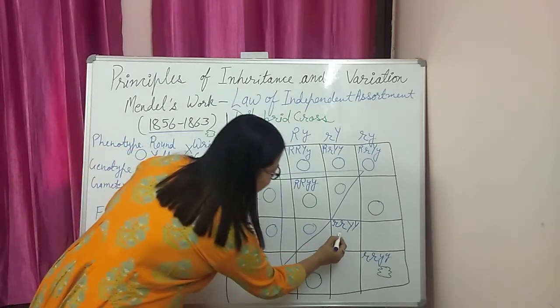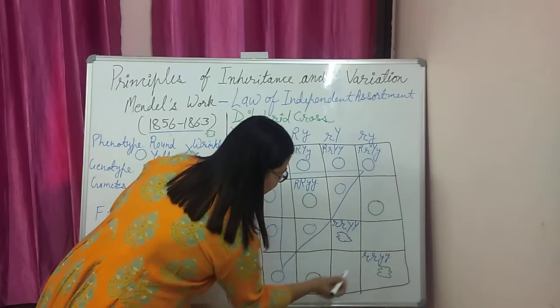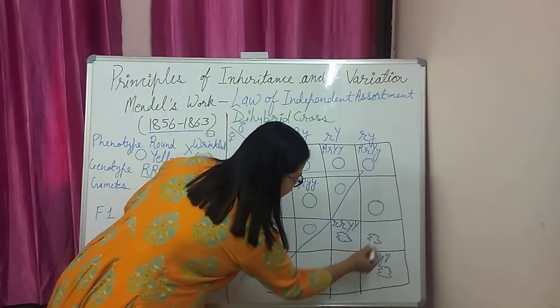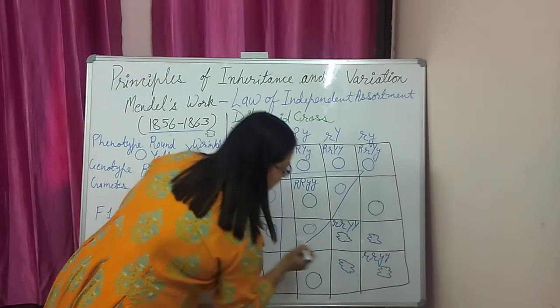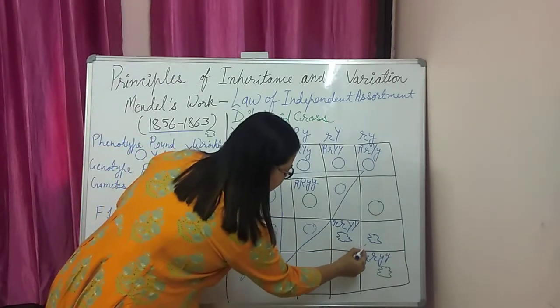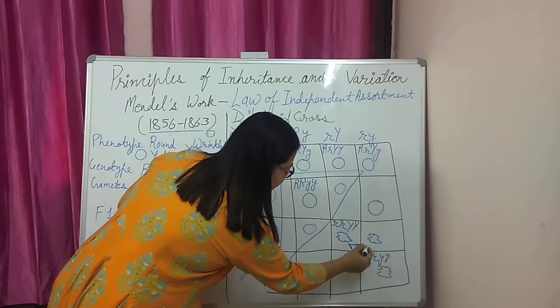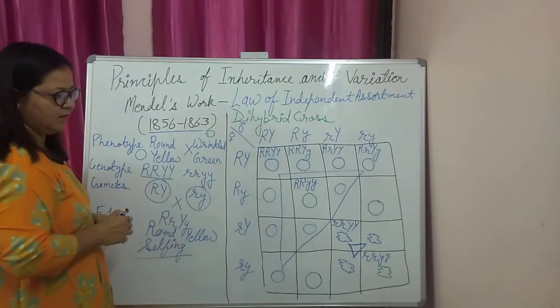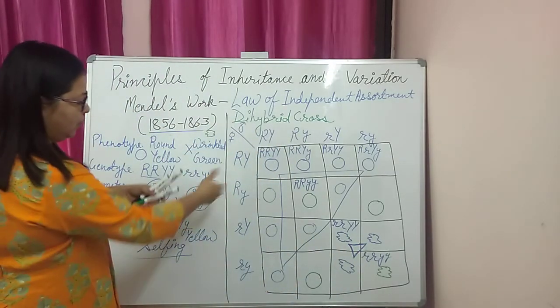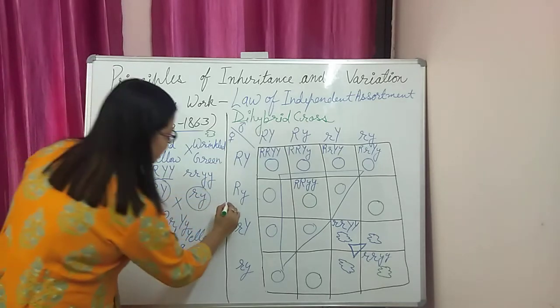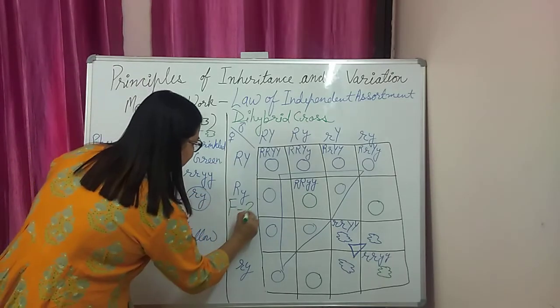So the shape I can draw like this. In these three squares you will get the similar shape, this small triangle. And this whole thing I have drawn here is the F2 generation.